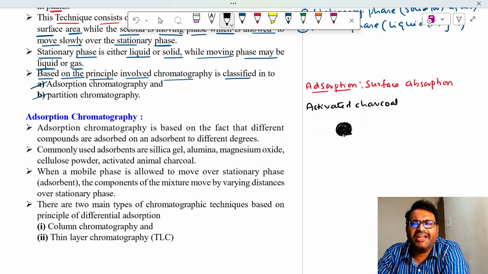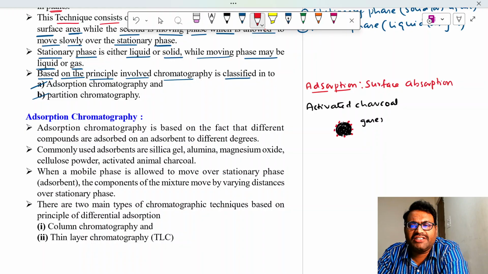So when there are any gases, for example, these gases, in the presence of this activated charcoal, get attached on the surface. They don't enter into it, but the gas attaches on the surface. So surface attachment is called what? Adsorption.